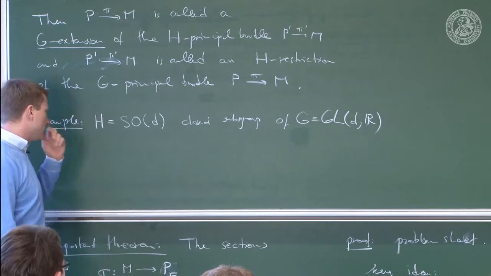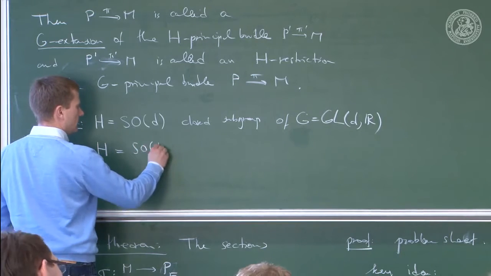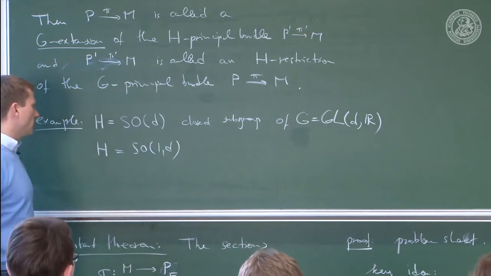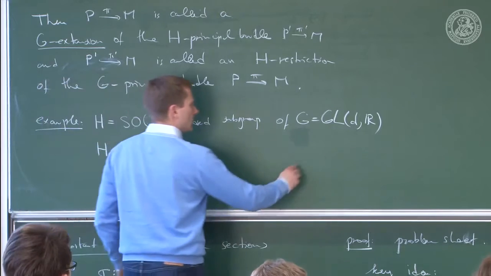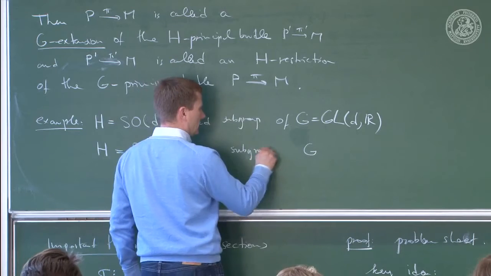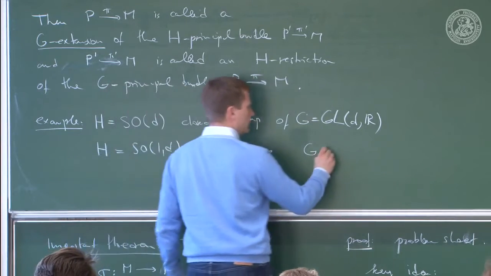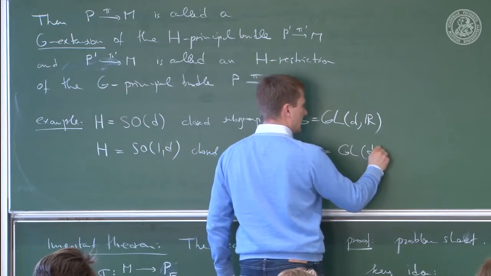Okay? You could also ask the question, what about choosing the smaller group SO(1,D), which is certainly also a closed subgroup of G chosen as GL(D,R)?